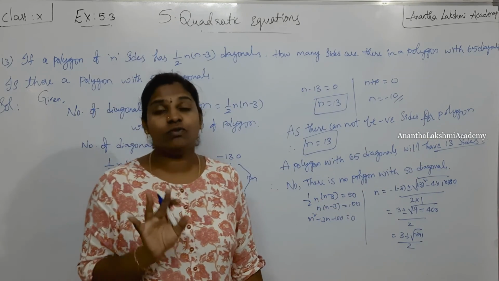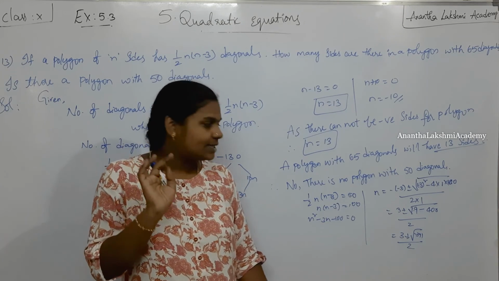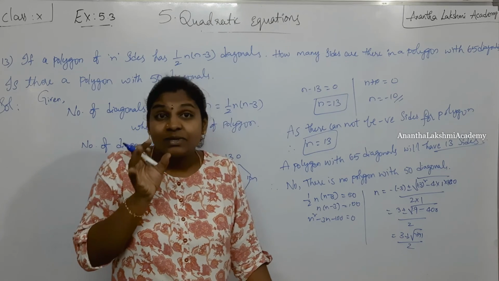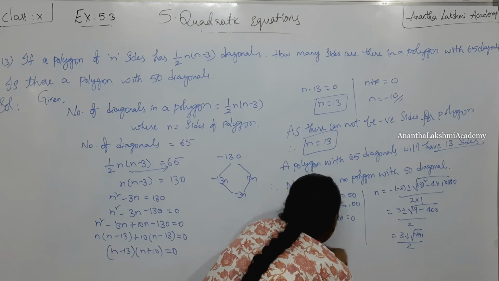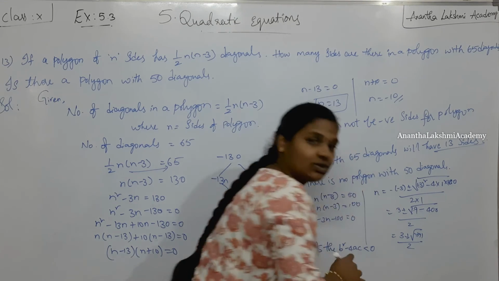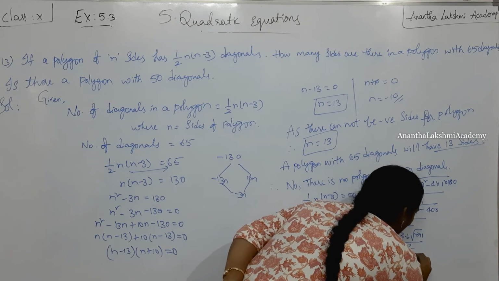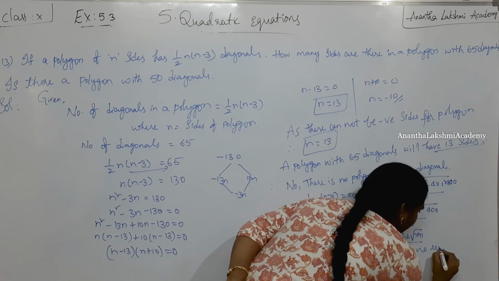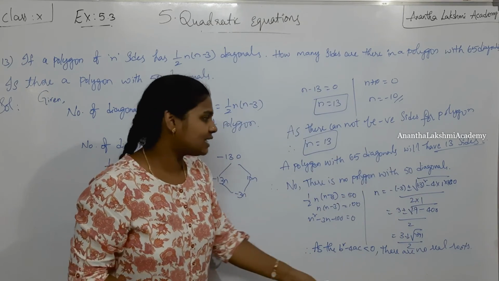This is what I told you while discussing the nature of the roots. b square minus 4ac is less than 0. The discriminant is less than 0. Therefore, as the discriminant is less than 0, there are no real roots, or this has imaginary roots.